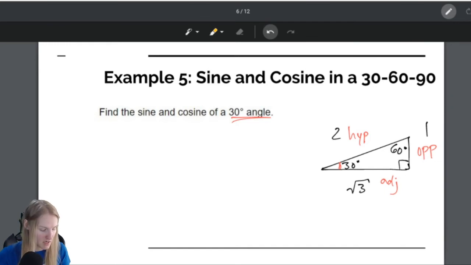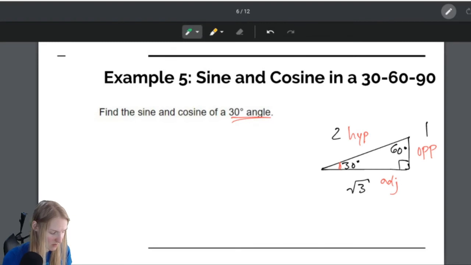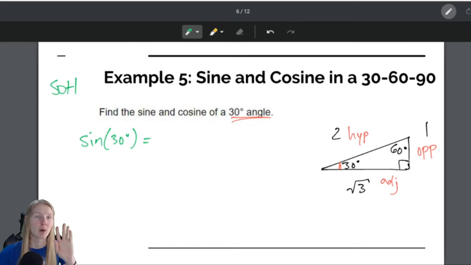Fantastic. Now, we want the sine of 30 degrees. And remember that sine, so, I'm going to pause so that you can remember what the O and the H stand for. Opposite and hypotenuse. Hopefully you got it. So we're going to do opposite over hypotenuse.